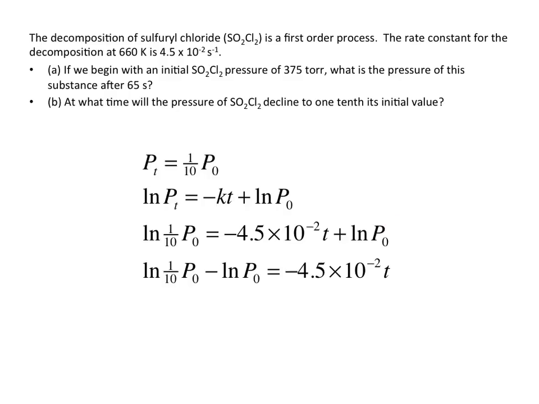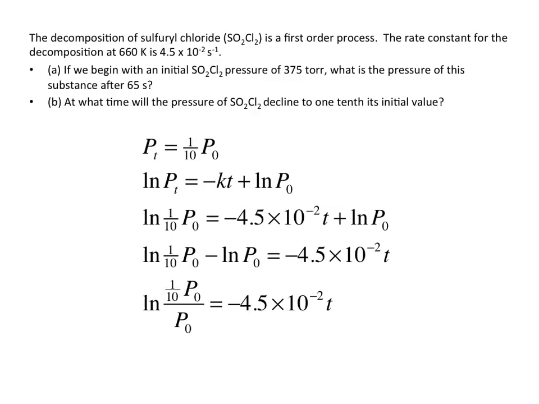Now, let's do some algebra to solve for t. In this case, you're going to take the natural log of 1/10 the initial pressure minus the natural log of the initial pressure, which equals your rate constant times t. If you recall from algebra, when you do a subtraction of natural logs, you can actually write it as a division.